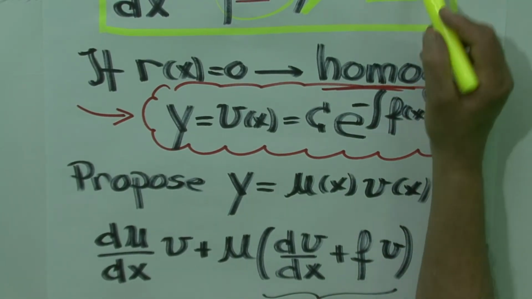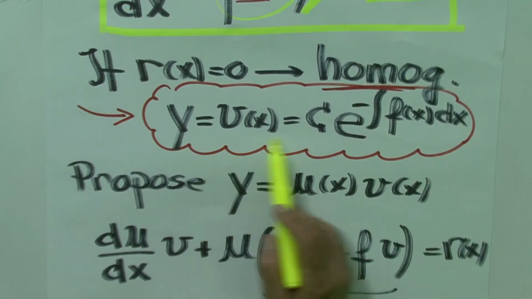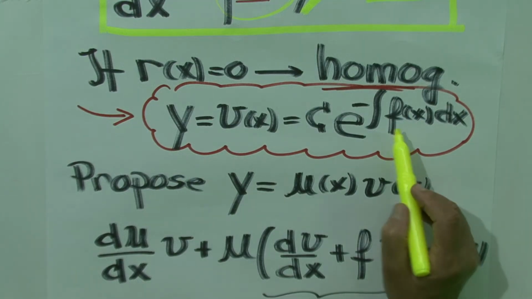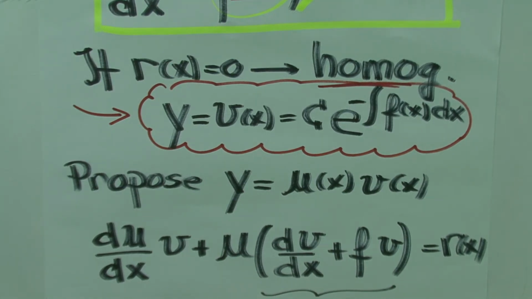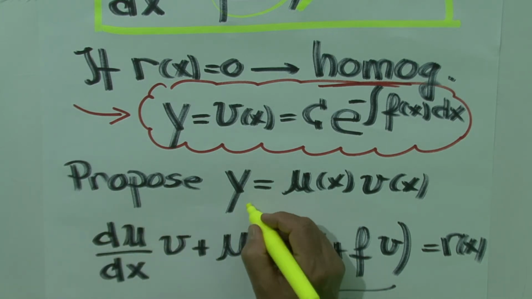And I already told you, if r equals 0, this will be a homogeneous equation. The solution is basically the exponential, but the exponent is the integral of this function. Okay? Very good.